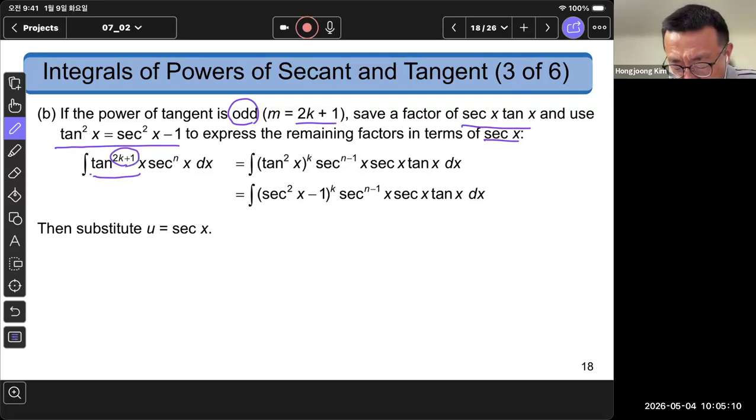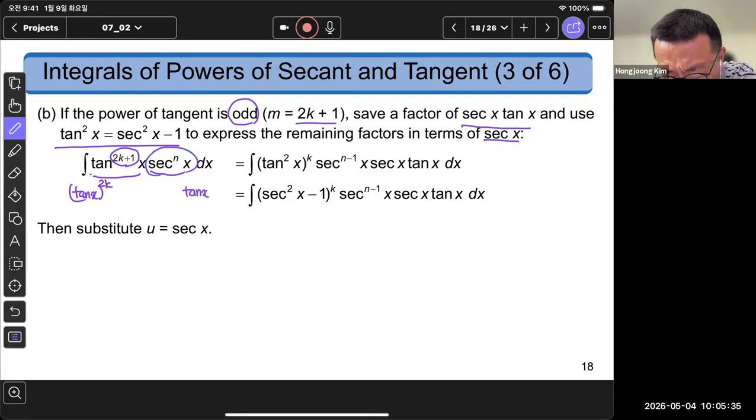And then I have secant x to the nth power. If I have such a situation, then you rewrite tangent x to the 2k plus 1 as tangent x to the 2k times tangent x. And then from this secant x to the nth, you take the n minus first power times secant x.